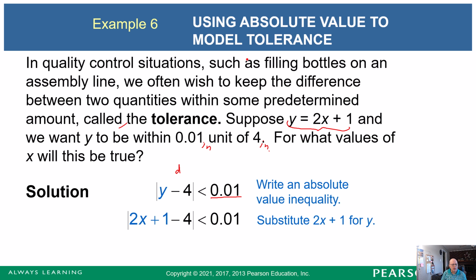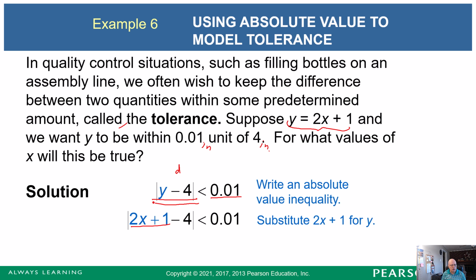Now, they said y is equal to 2x plus 1. So you can start with this because it's easier to write, because this tells you distance from y to 4 is how far. Well, y is actually the 2x plus 1 in this case. It's just a tiny bit more complicated, but you can write like this temporarily.